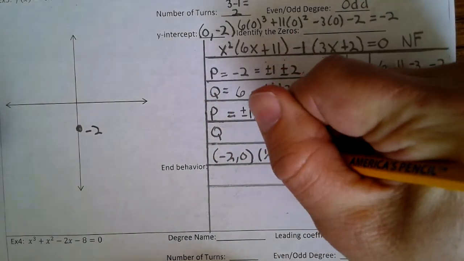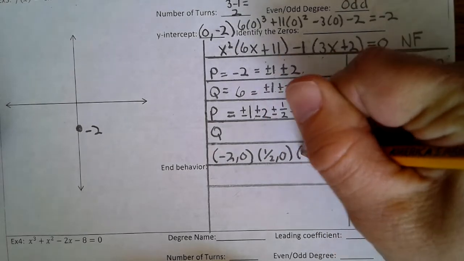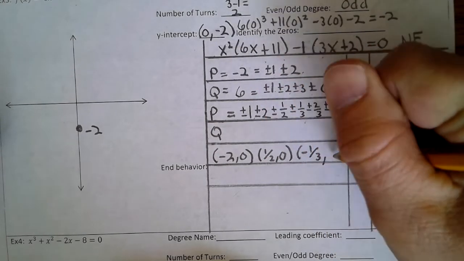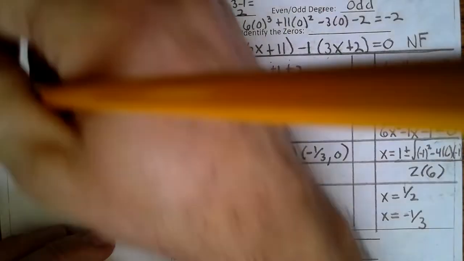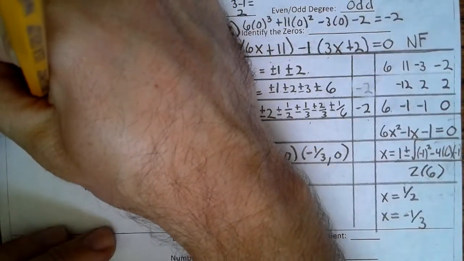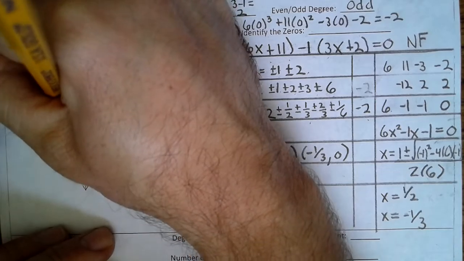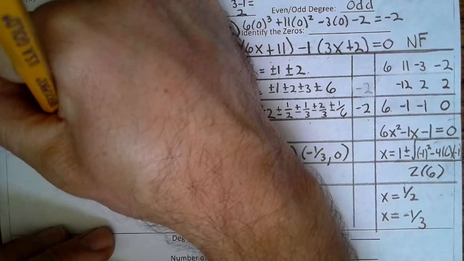So we know we have a negative 2 here, negative 1/3, and 1/2. Now we know it's cubic and the coefficient is positive, so we know it's increasing from left to right.